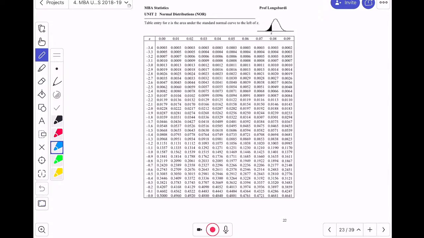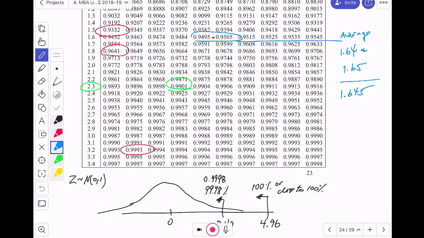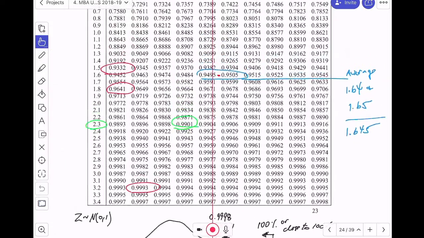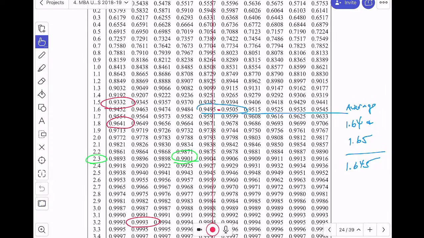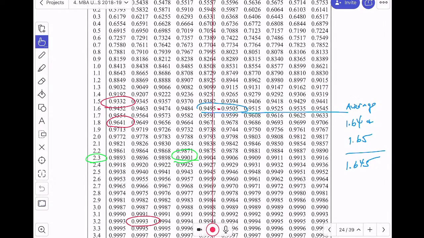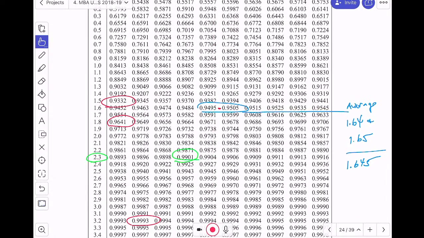So 8600, I look for this value. 8600. It's not here, but this one is close, right? The closer.